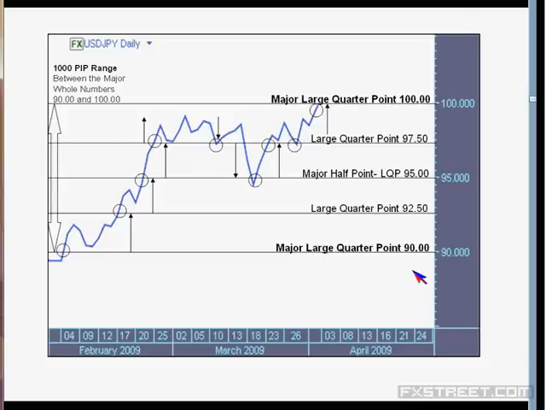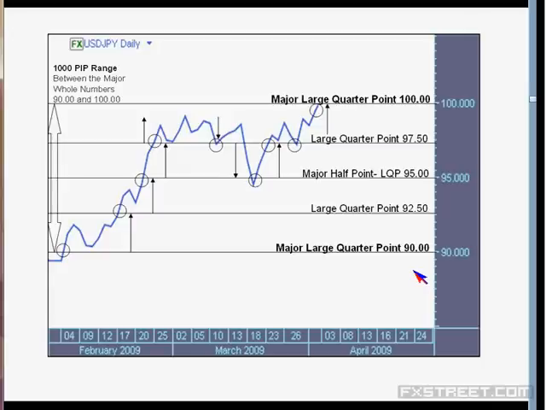The large quarter points serve as constant, never changing support to resistance levels, as well as familiar, invariable price targets. A bullish price breakout above a large quarter point is expected to target the large quarter point above. A bearish breakout below a large quarter point is likely to challenge the large quarter point below.